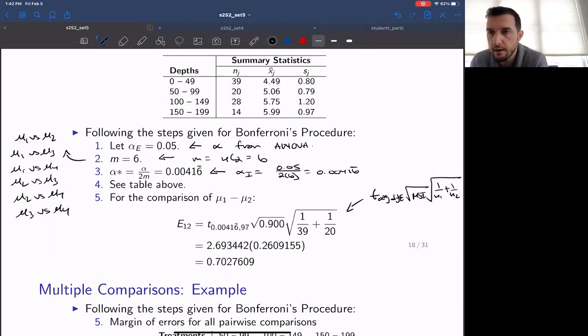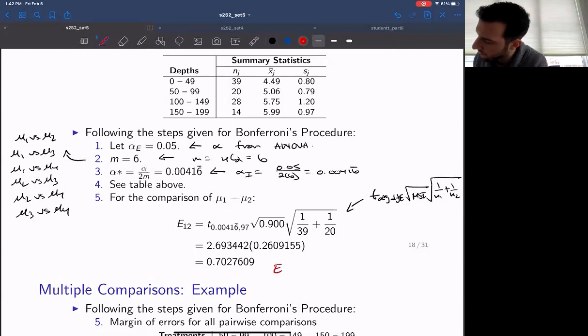So you can see here that we have our t-value on this specific alpha star. We have the MSE from the ANOVA table, which was 0.9, and we're using the sample sizes from the first and the second group.